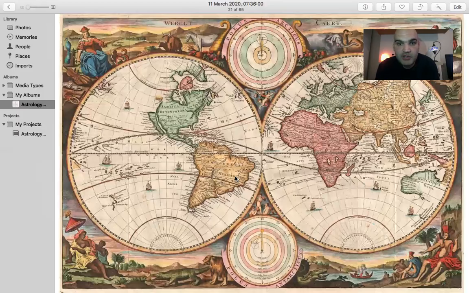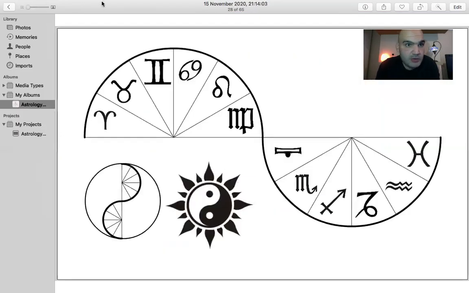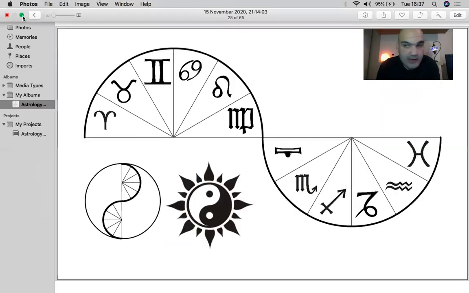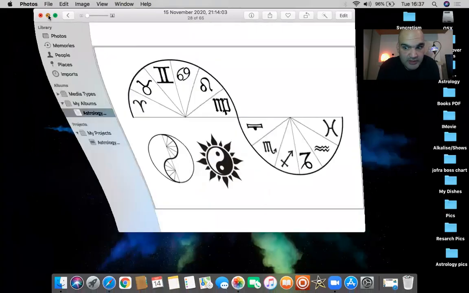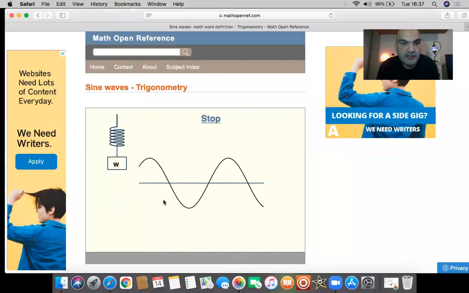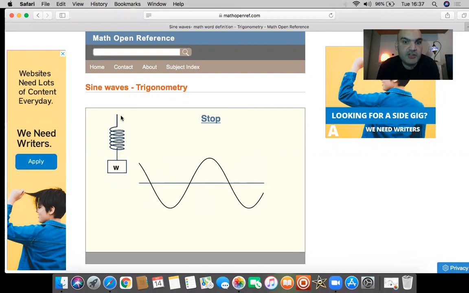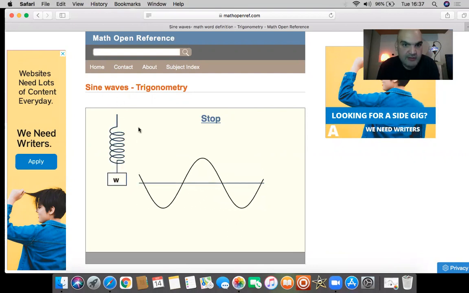So the reason why I'm showing you that is because I want to now show you how this concept works and how it relates to the sine wave. So if I just minimize my screen and then I show you this, you can see it would be a representation of the sun. And when you can see this vibration going up and down, it creates a sine wave.